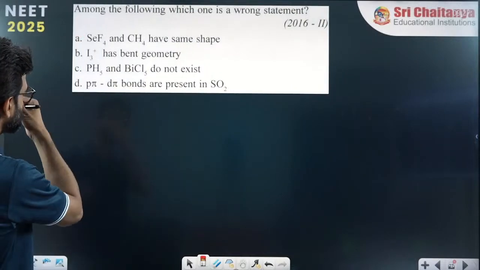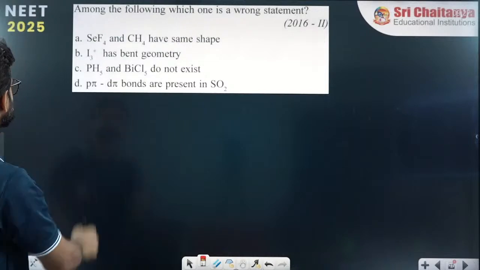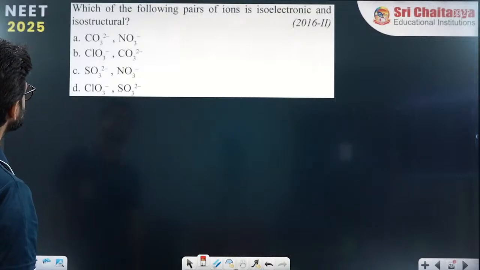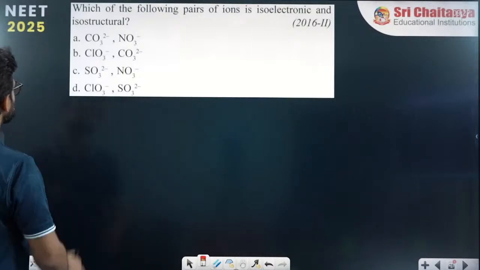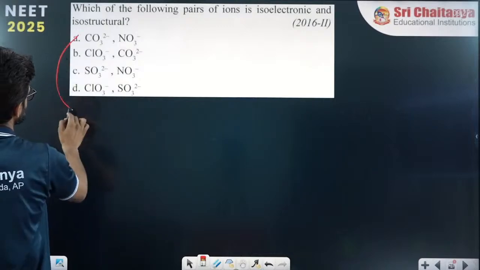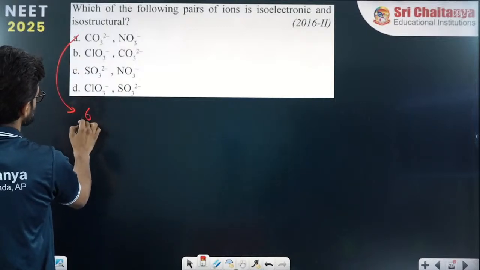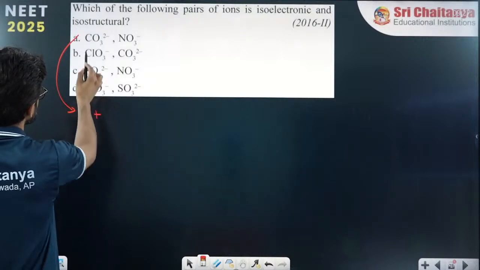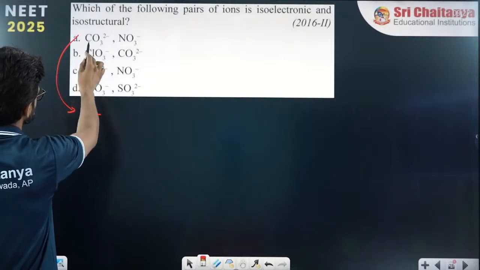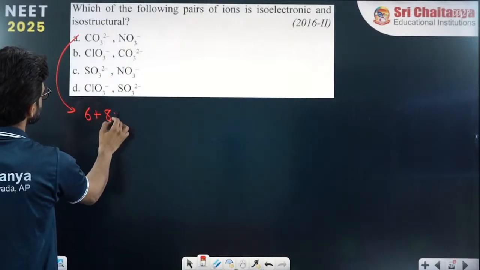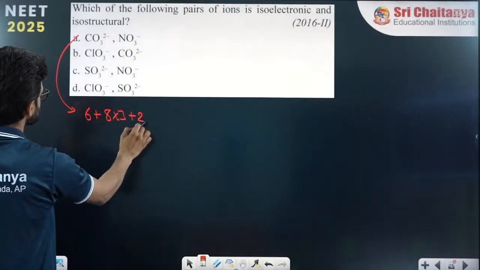Among the following, the wrong statement. Same question by chance. Which pair of ions is isoelectronic and isostructural? If you see carefully, total electrons here: carbon has 6 electrons, oxygen 8 into 3, plus 2.